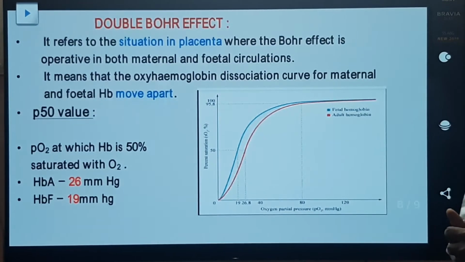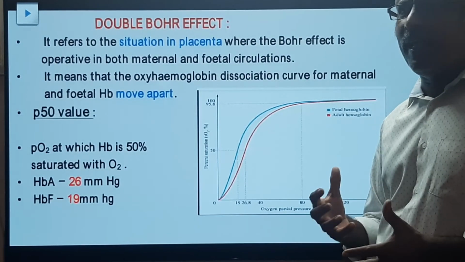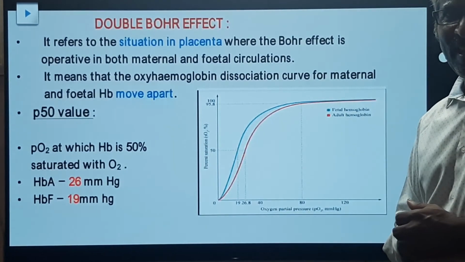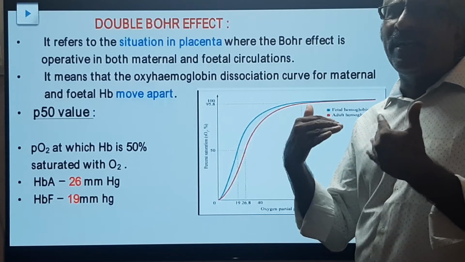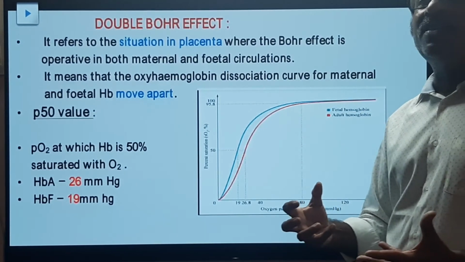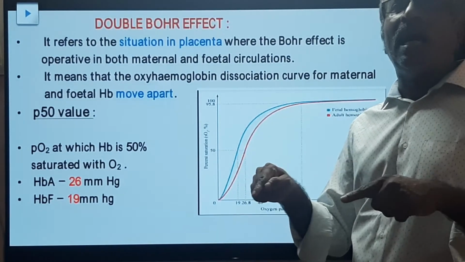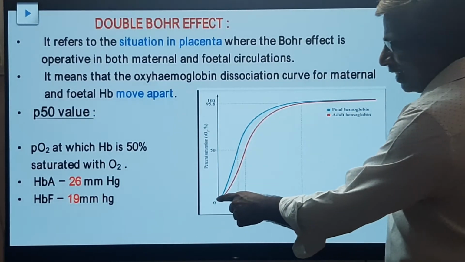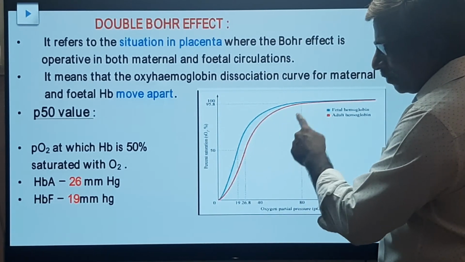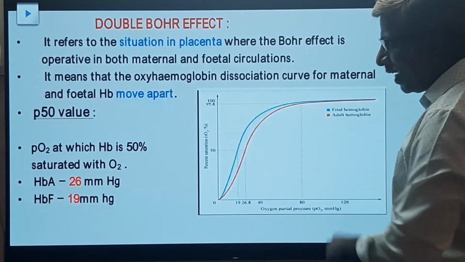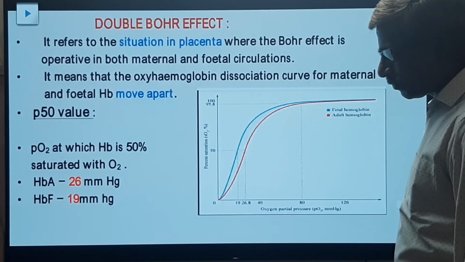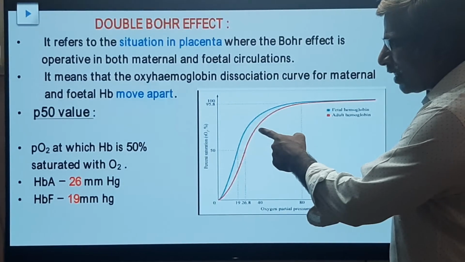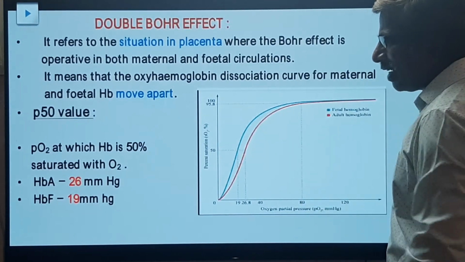Already we have discussed that in the fetal hemoglobin, 2,3 diphosphoglycerate is less. The structure of the hemoglobin is different in the fetus. That's why oxygen holding capacity is more in the fetal hemoglobin. This is the curve of the fetus, and this is the curve of the pregnant woman. A single person has two curves, one is herself and the second one is the fetus.